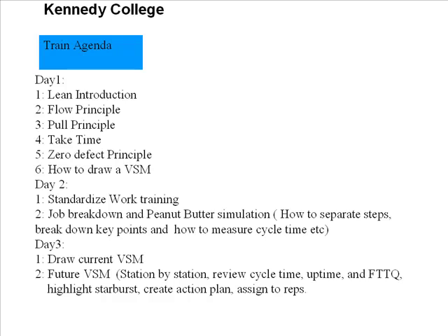One of them, yes: we want to know how many people we have. What is the takt time? And what is the cycle time? What is the current productivity? What is your PPM?